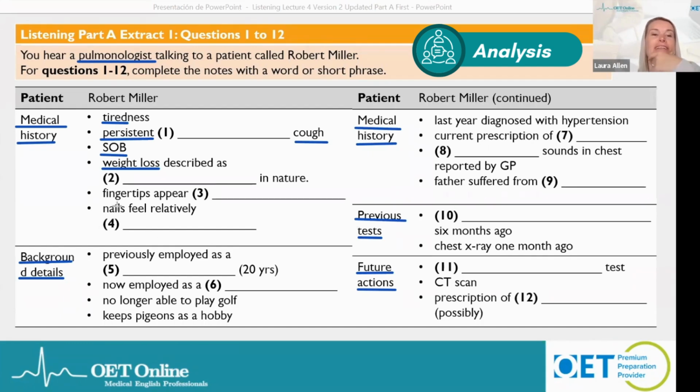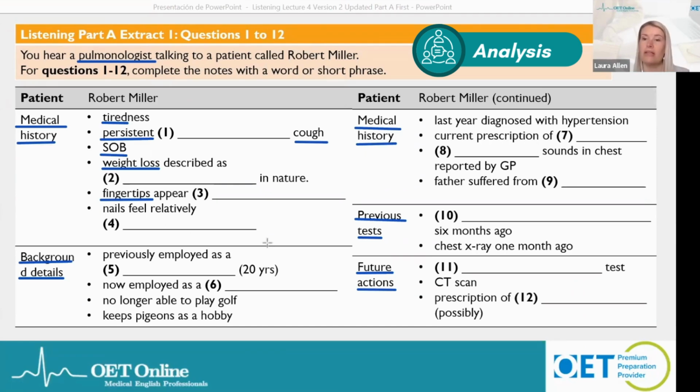Okay. Fingertips appear blank. What might patients say about fingertips? Soft, yeah. Pale, scaly, brittle. Now, remember, we're not talking about the nails, actually, guys. Yeah, maybe we're getting a bit confused here. The fingertips, yeah. The nails is the next one. Yeah, exactly. They might be numb, thinking about circulation, for example.